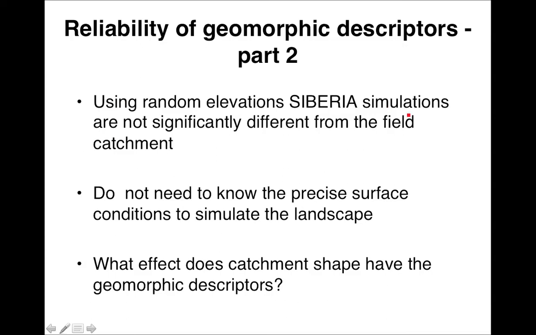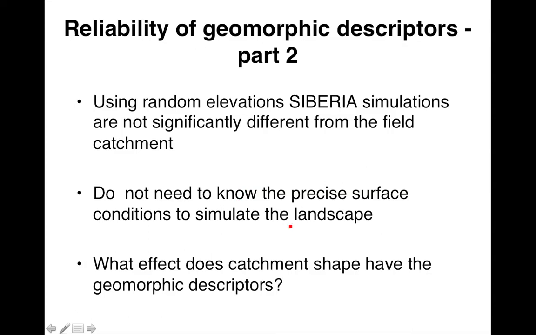Using random elevations, Siberia simulations were not significantly different from the field catchment. And we can find circumstances in other systems where that's not necessarily the case. The initial conditions can be important. So he suggests you don't need to know the precise surface conditions to simulate the landscape, and that may not always be the case.